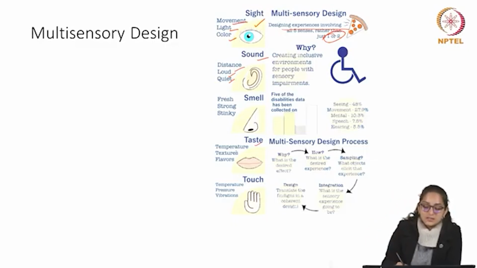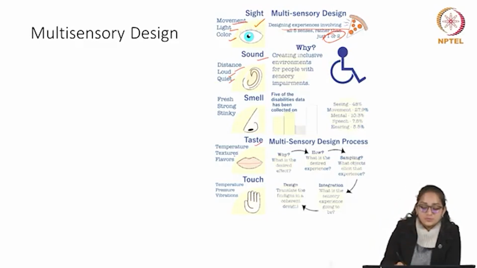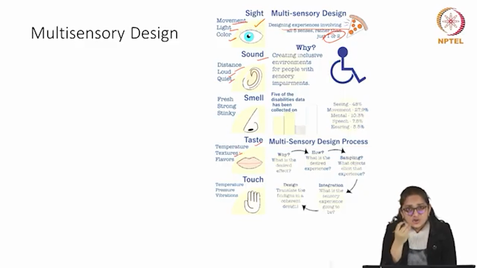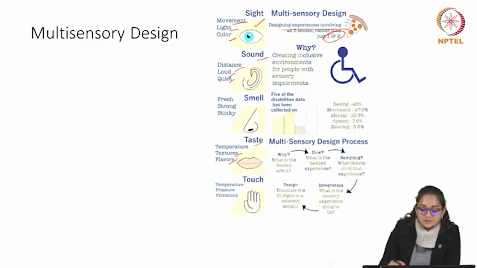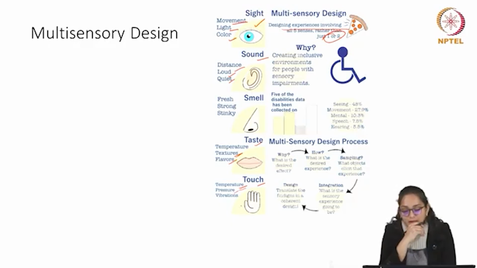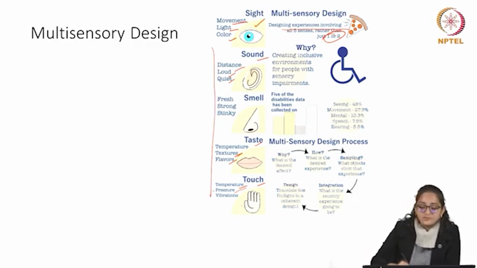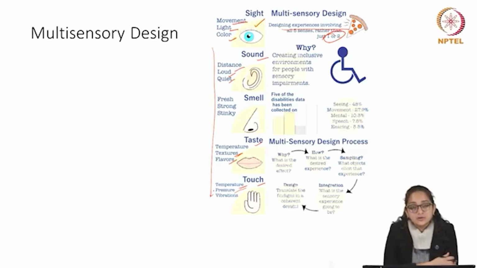Taste helps us in assessing the temperature of something that we are going to eat. It helps us in assessing texture, flavors. Again, touch also helps us in assessing textures, temperature, vibrations, and all of those through our senses, right? So a combination of multiple of these parameters can help us in engaging with the world a little bit better.